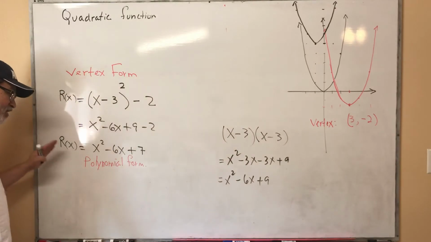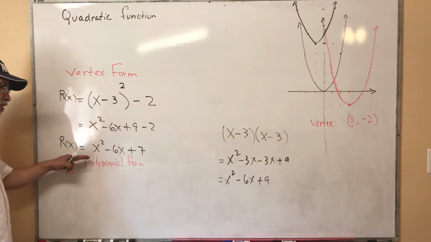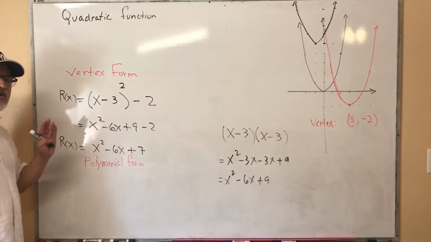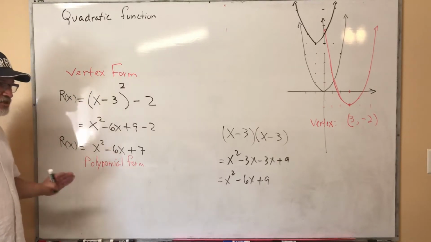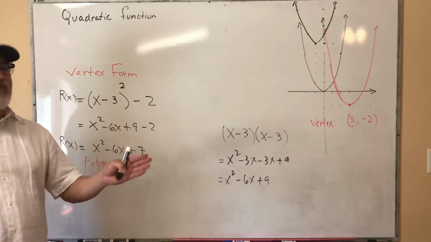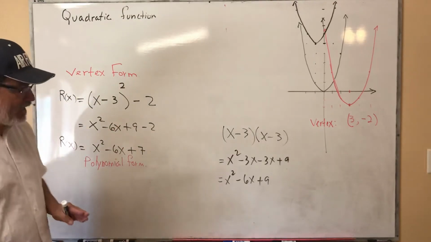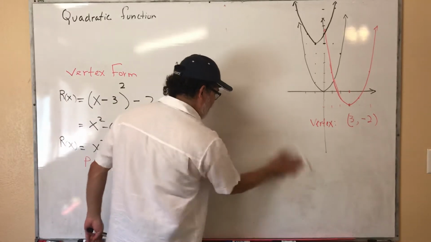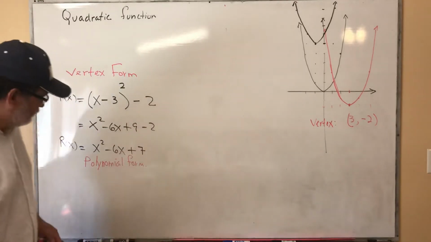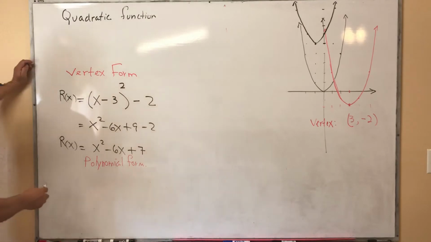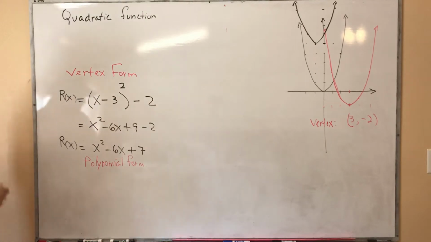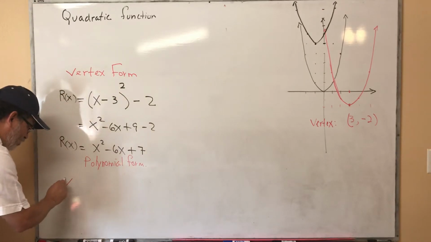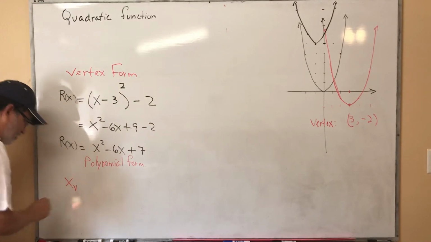If you're ever given a parabola in polynomial form, I'm gonna give you a formula for the vertex. Watch this. Here is a formula for the vertex. I'm going to call this the x-coordinate of the vertex.